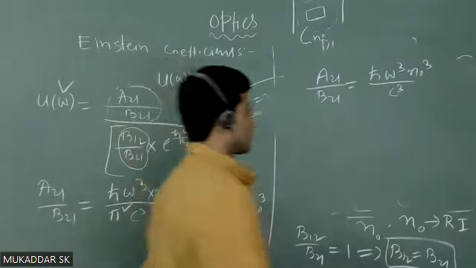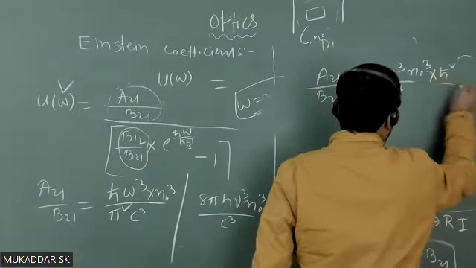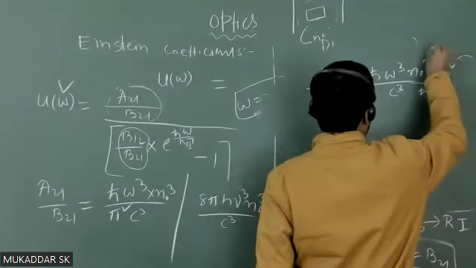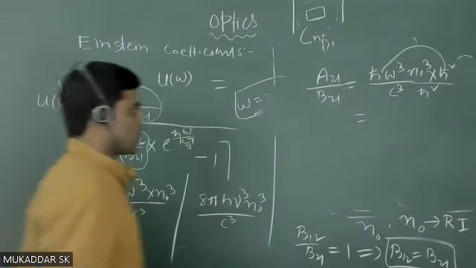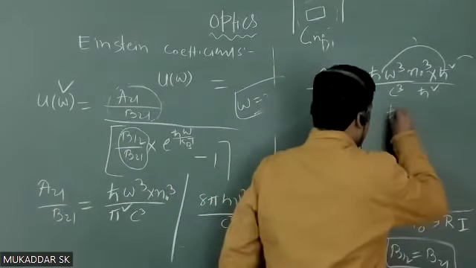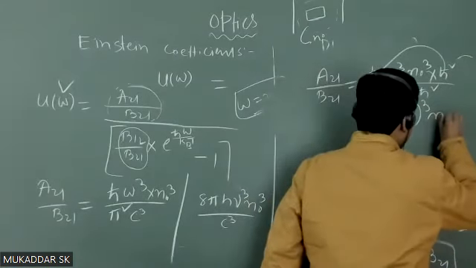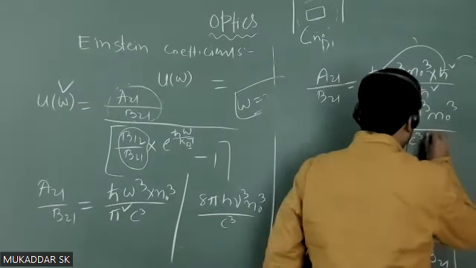So now if I multiply and divide by h cross square, and bring this h cross square here, then I get h cross omega cube, then n naught cube divided by c cube h cross square.